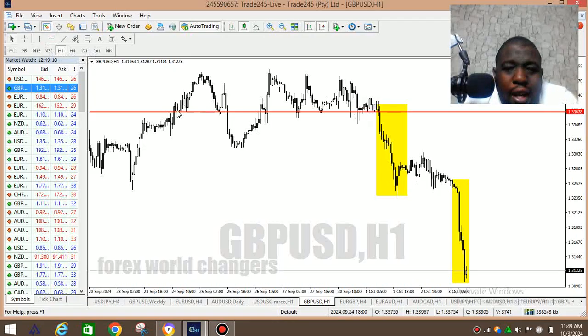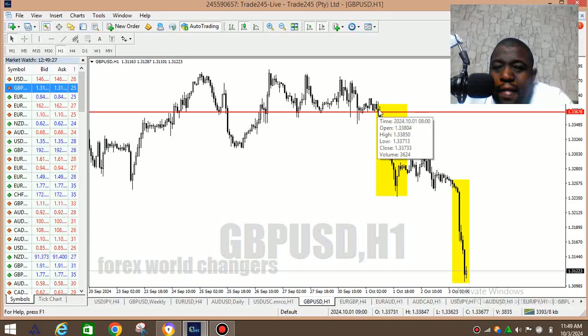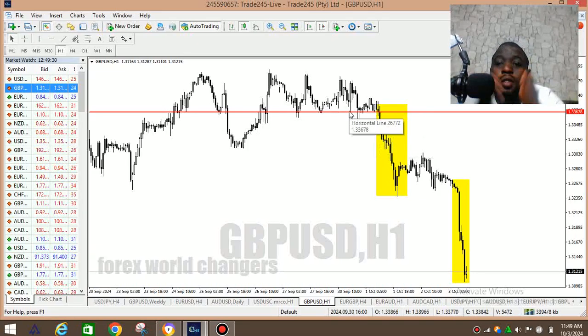You can tell how many times the price has respected that zone. You can see it tested here, here, here, here, it broke, then tested here, here, here, here. So you can see the importance of this level. It's a very, very important level.